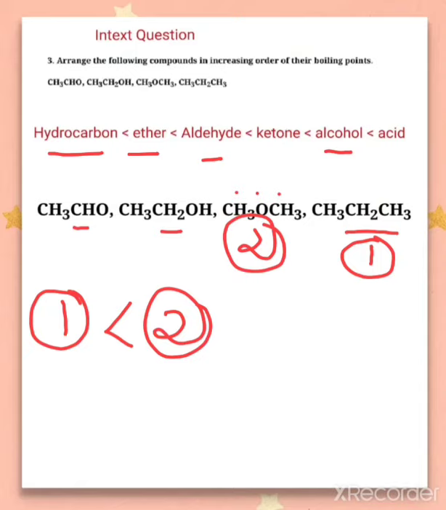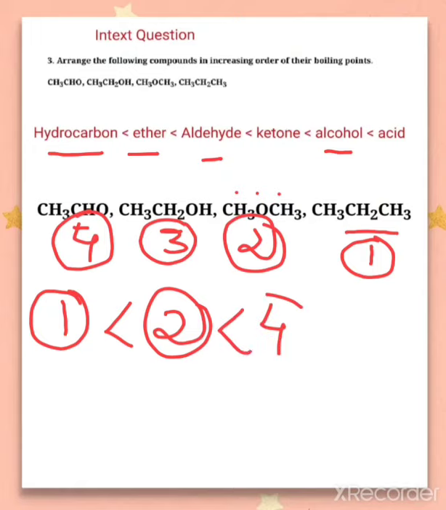Alcohol. So if I give number 3 to this one and number 4 to that one, the next will be number 4, the aldehyde, and then the highest is the alcohol, number 3. So this is the right sequence for the boiling points of these molecules.